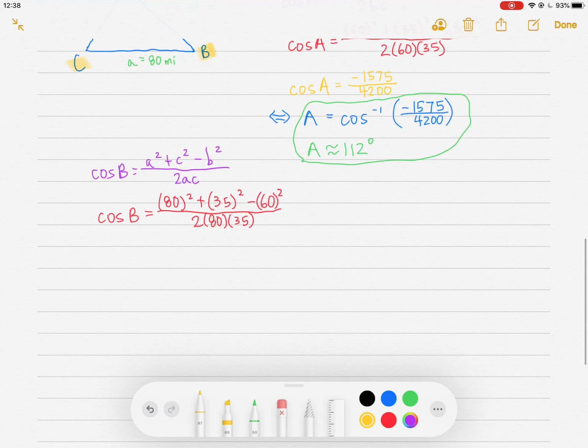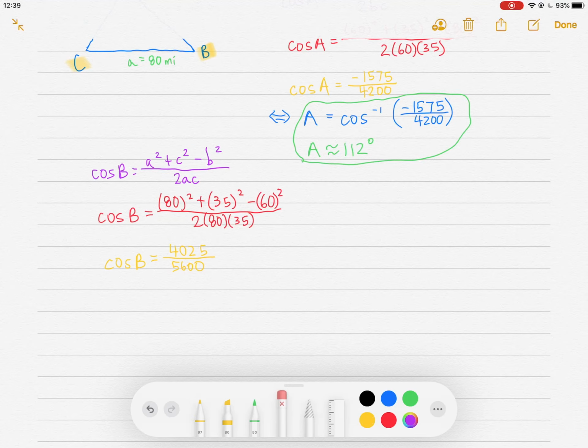And so cosine of big B is equal to 80 squared plus 35 squared minus 60 squared, which according to your calculator should be 4,025, divided by 2 times 80 times 35, which also according to your calculator should be 5,600. Side note, I do know that these fractions reduce.